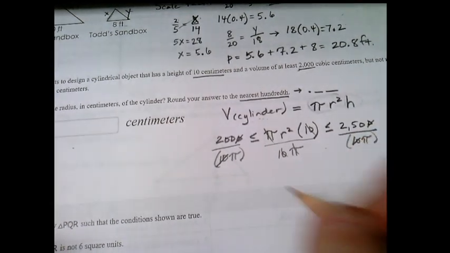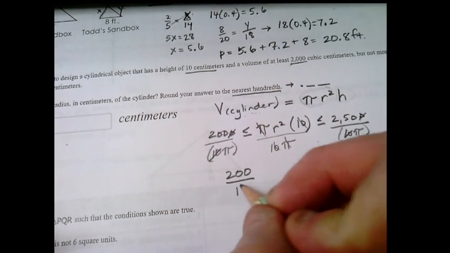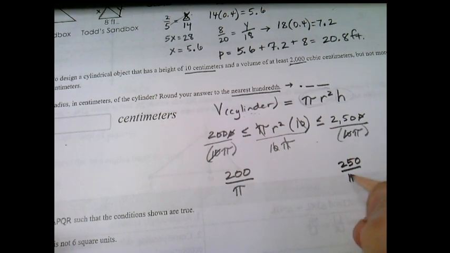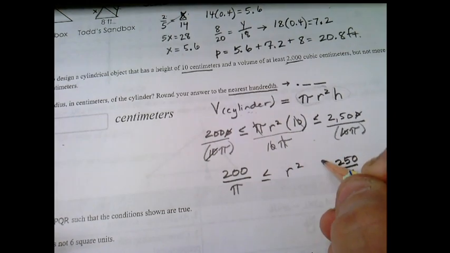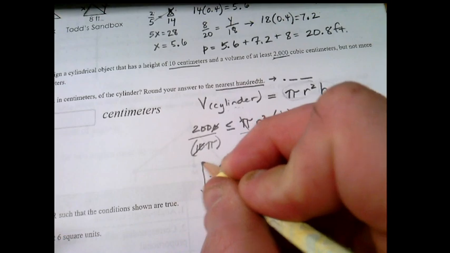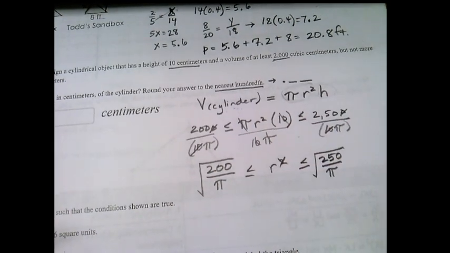So now we have 200 divided by pi and 250 divided by pi. And that is going to be for the radius squared. Okay? And if you go ahead and square root everything, that gets rid of the squared part, and that'll be the radius length. Okay? So now, let's see here, round to the nearest tenths place.